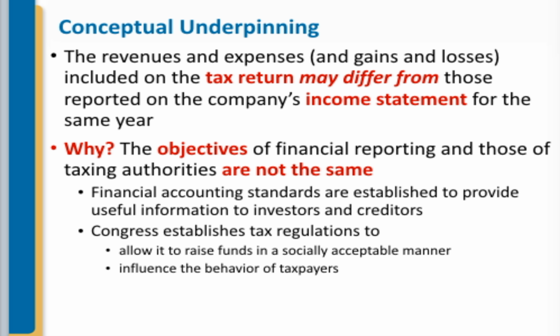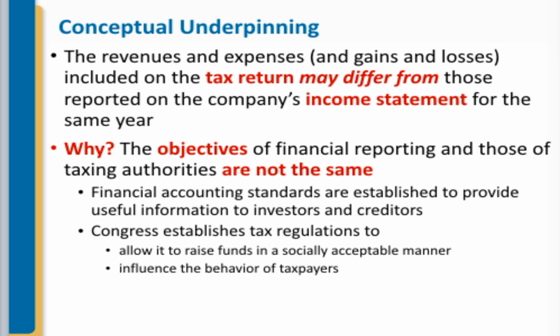But you see this in all kinds of things. The government promotes investment by taxing capital investment at a lower rate than your normal tax rates. The government tries to take care of the poor by having these tax credits for lower income people. I mean, there's any number of things.